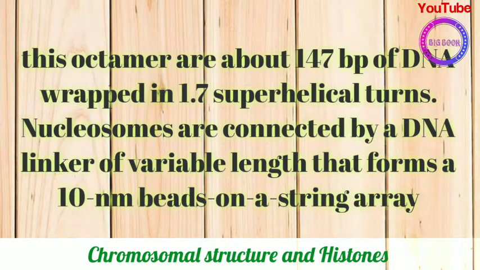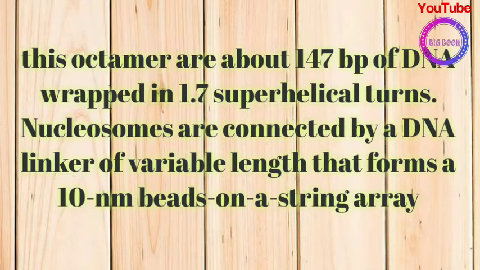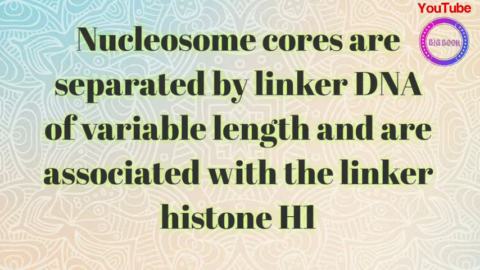These octamers have about 147 base pairs of DNA wrapped in 1.7 spherical turns. Nucleosomes are connected by a DNA linker of variable length that forms a 10 nanometer beads-on-a-string array. Nucleosome cores are separated by linker DNA of variable length and are associated with the linker histone H1.